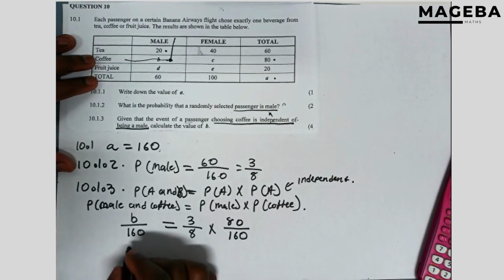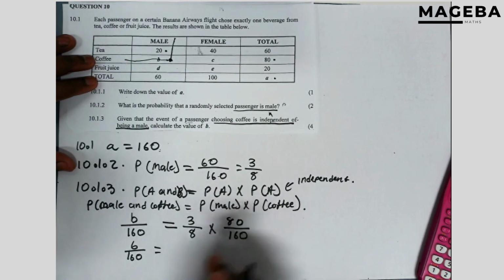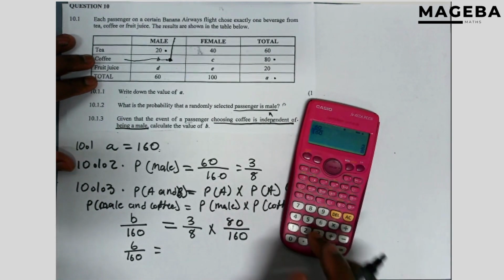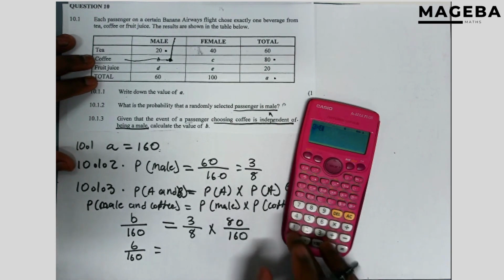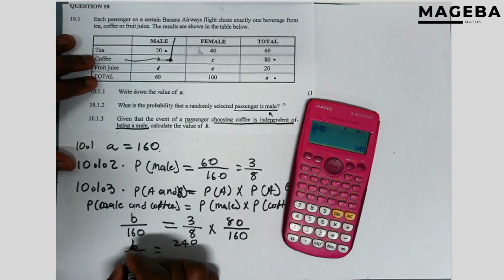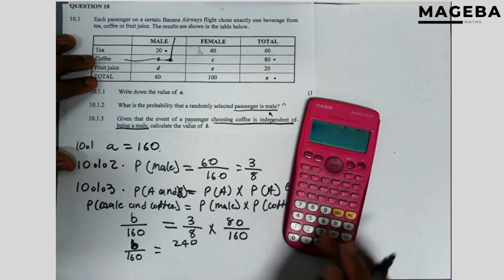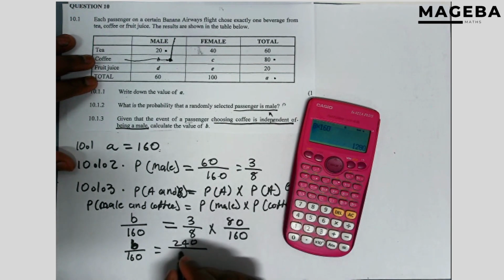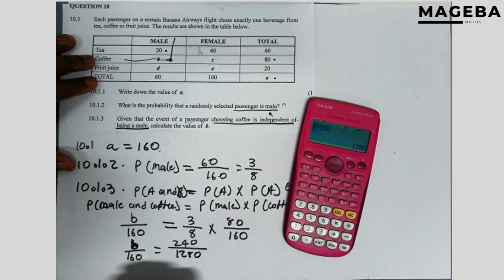Now calculating this is algebra. Numerator times numerator, denominator times denominator. So 3 times 80 is 240. This is B, sorry, this is B. And then 8 times 160 is 1280. Then from here we cross multiply.